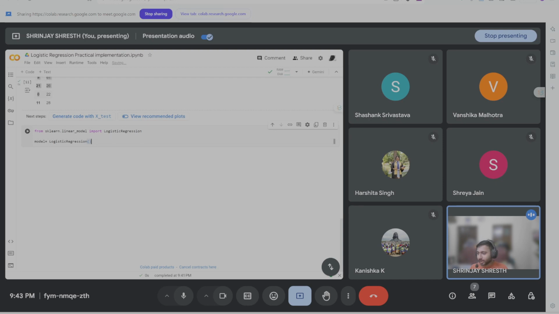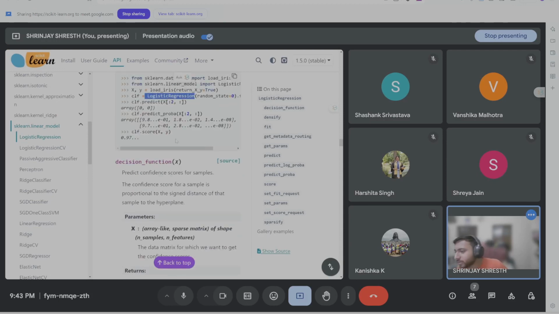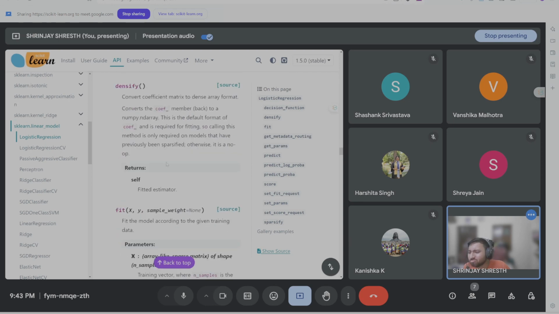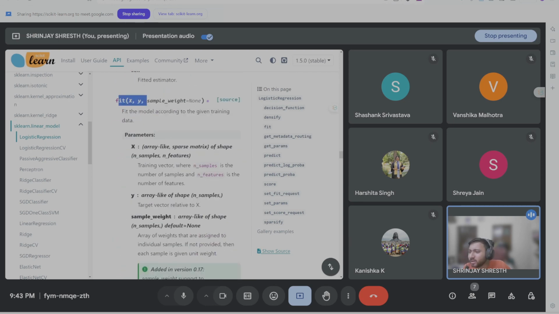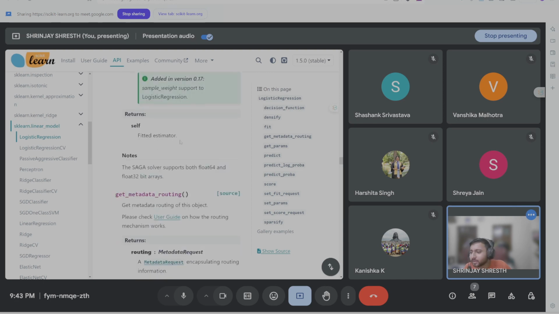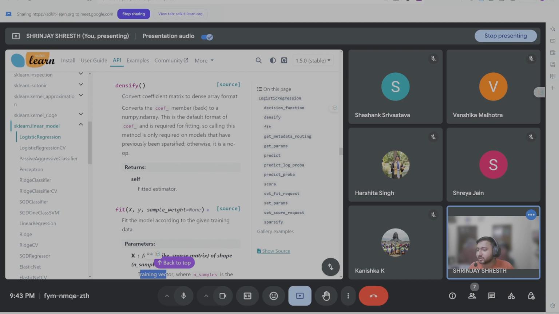If you go again to this documentation, you may see there is this function known as dot fit, in which you have to pass x, where x would be your array, and y your target values. These are your training vectors. So let's use this fit function.